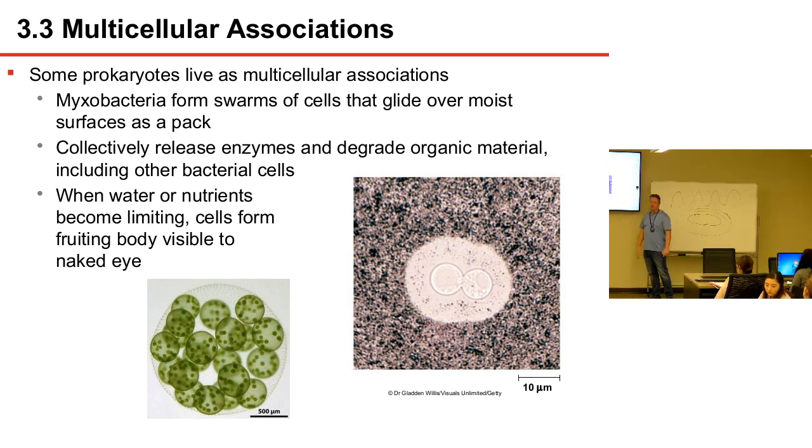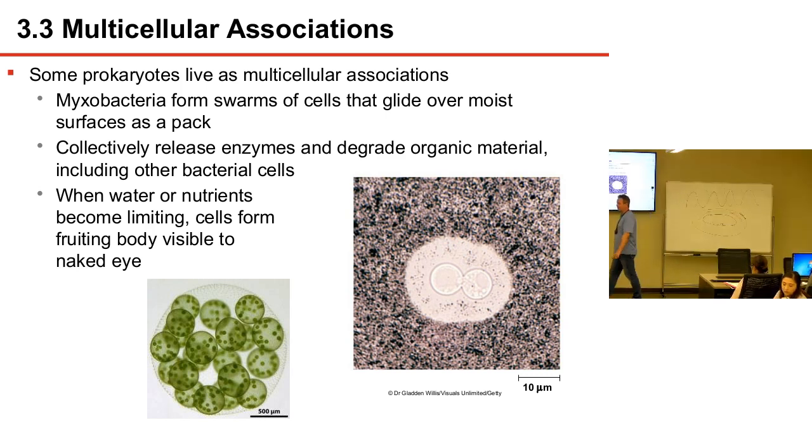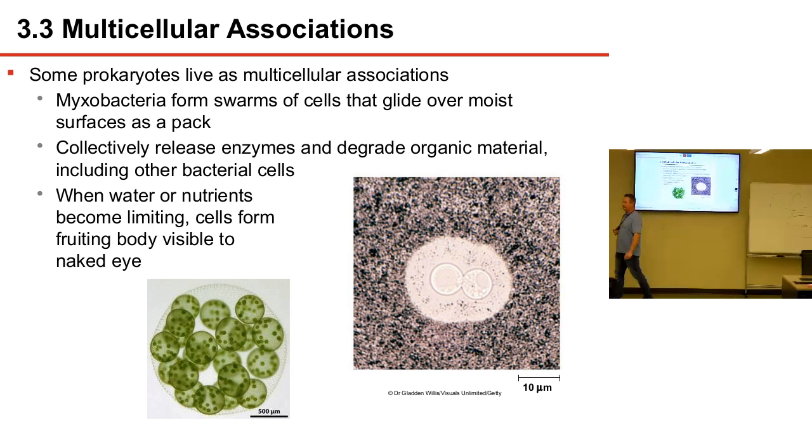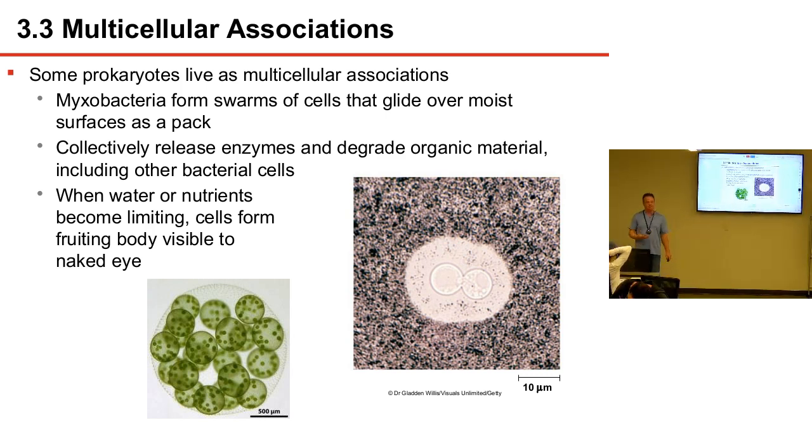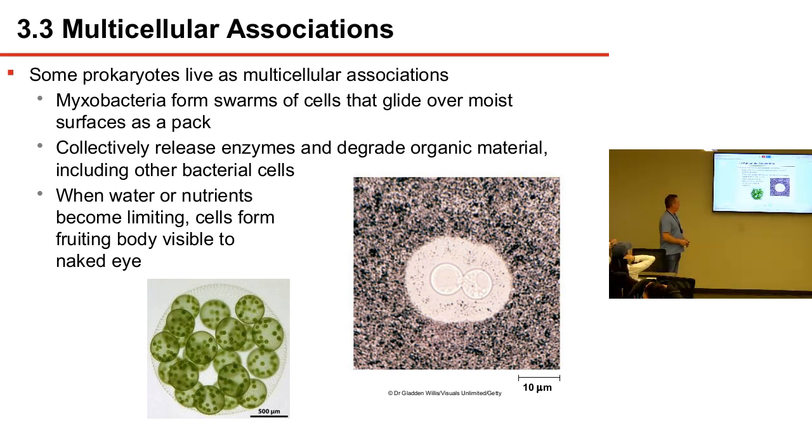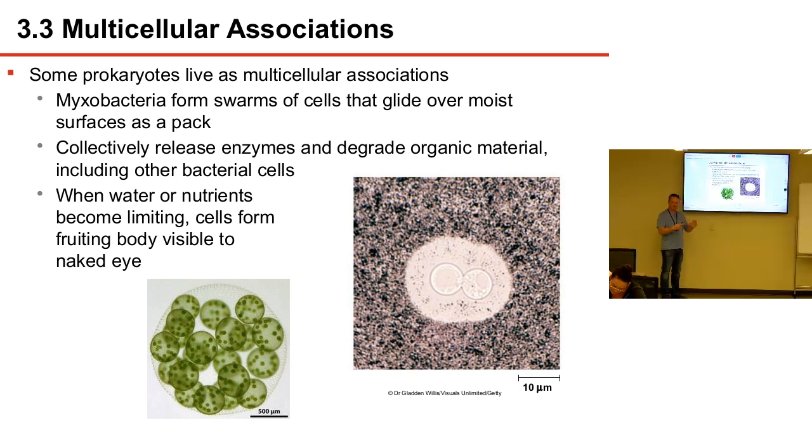Some of them have multicellular associations. So in this case, all we're talking about is how they actually work together as a team. So even though they might be binary fission, some of them, when they swarm together, there's a bunch of them together, they have what's called quorum sensing. Quorum sensing just means it's their way of talking to each other.